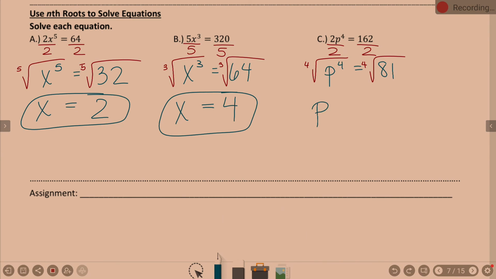What's the 4th root of 81? So the 4th root of 81 is 3. Could it also be -3 in an equation setting? Okay, so this is why I said hold on before you pack up. You do want to throw a plus or minus 3 on there because it was an even root.